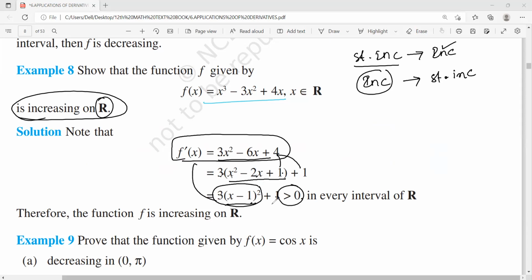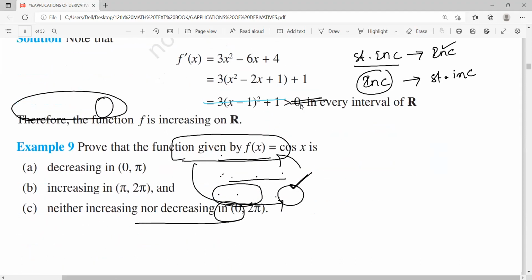So that means f dash of x is positive for all real numbers, greater than 0. Therefore, you can say it is strictly increasing on all real numbers. You may ask why it is saying only increasing? If it is strictly increasing, it is increasing also. So there is no problem.